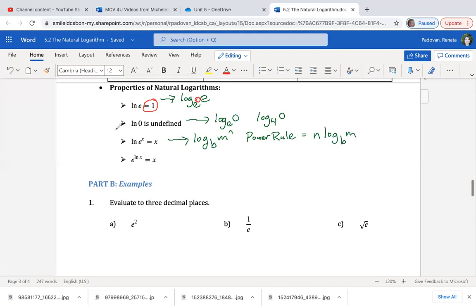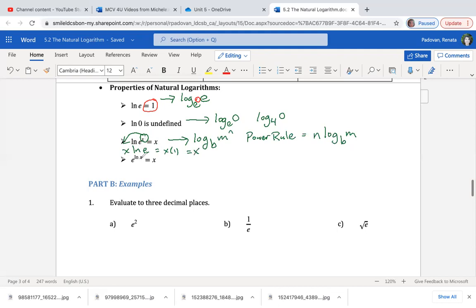So same thing here. I would take this exponent of x and bring it out in front. So then I would have x ln e. And I know that ln e from up above is equal to 1. So then that's like x times 1. So therefore that would be equal to x, which is what we're saying here.